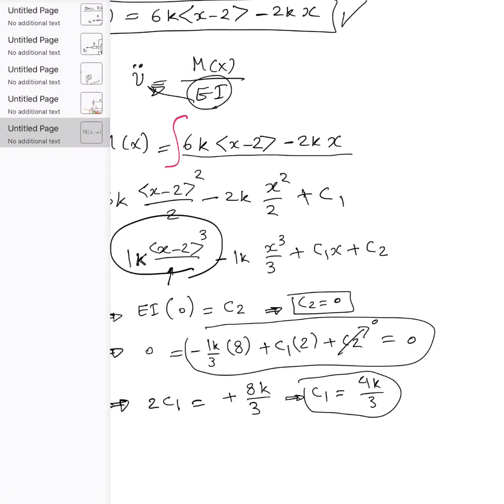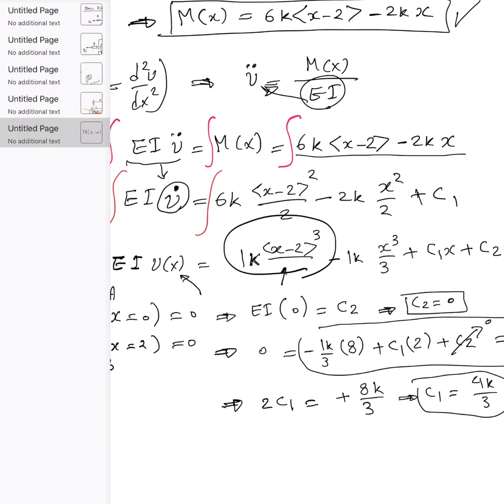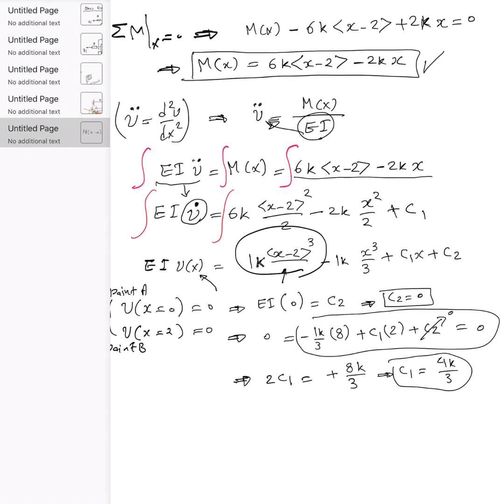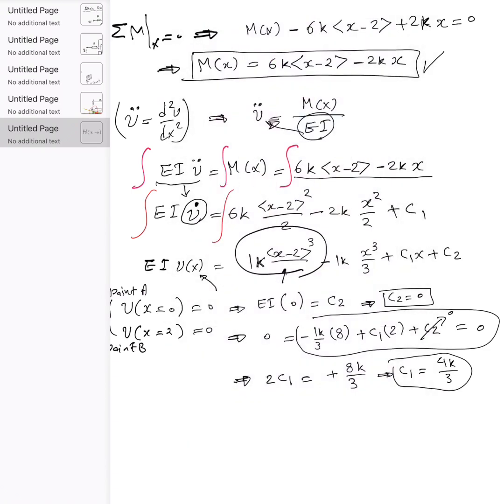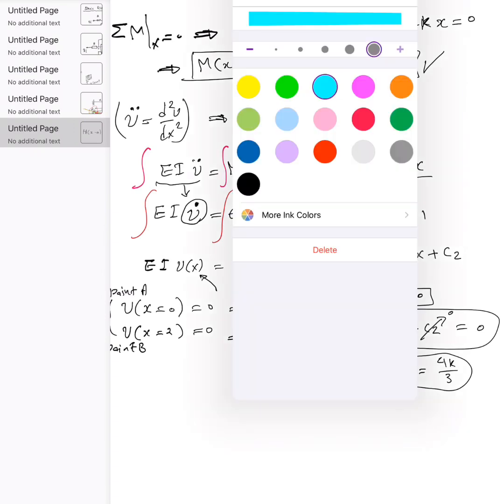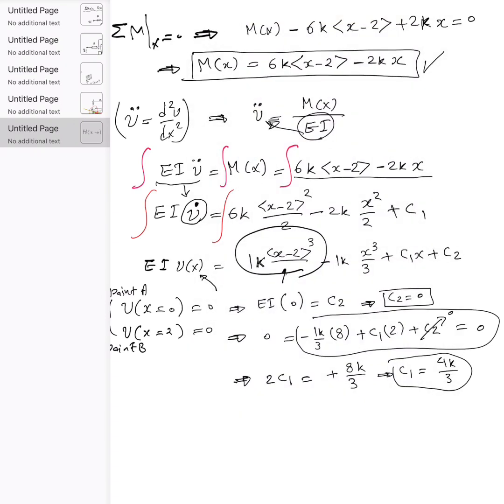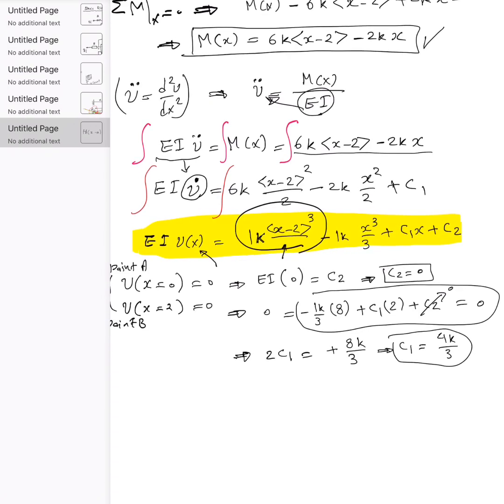So let's put it back in the equation. I'm talking about the equation of the deflected neutral axis. Let's highlight it. This is my main equation. Now I have both C1 and C2, so I can uniquely show the deflection of the neutral axis.